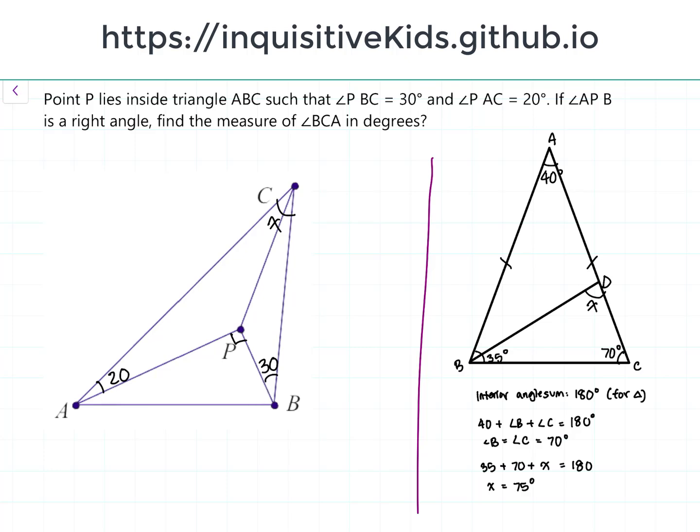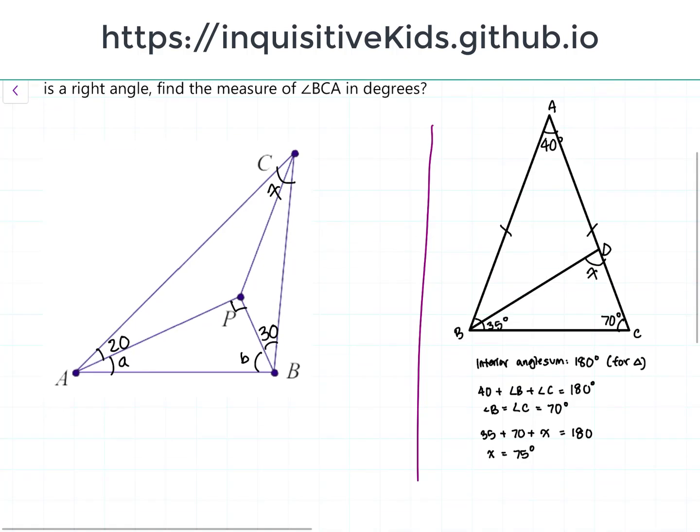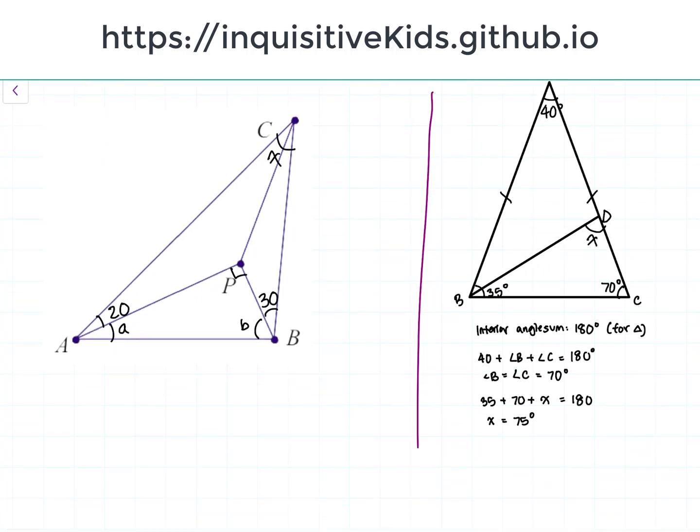Well, whenever we don't know something, the most direct way to solve for that is to set it as a variable. So we're going to call this angle A and call this angle B. What do we know about A and B? Well, as we can see, 20 plus A is just angle A, and we add that to angle B, which is 30 plus B, and then we add that to X. And X we don't know yet.